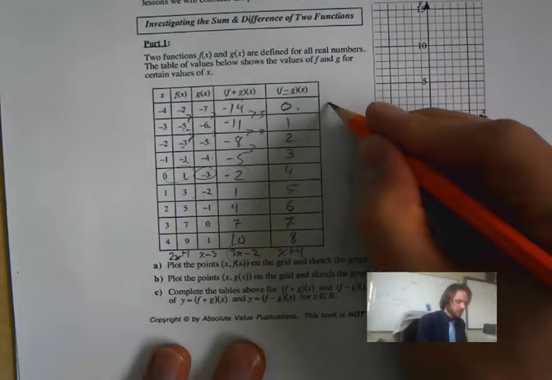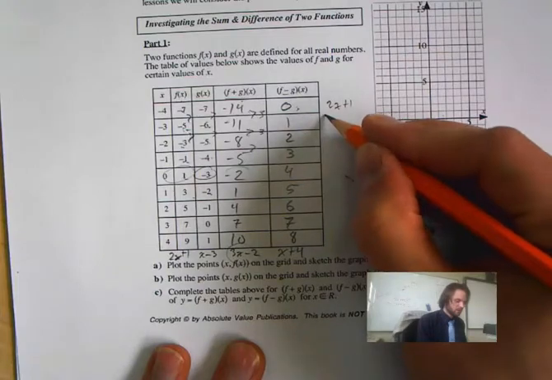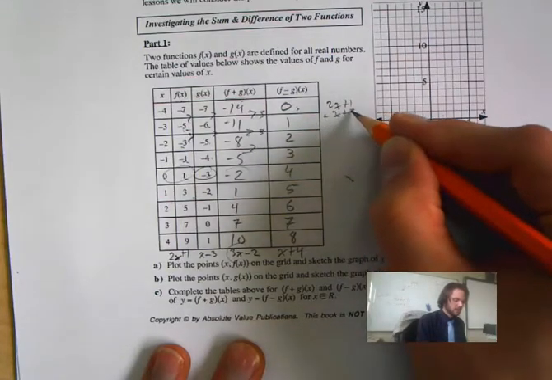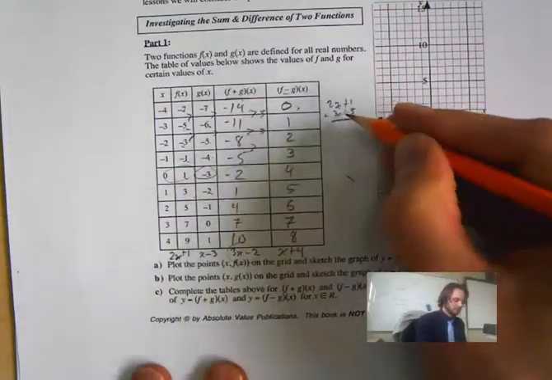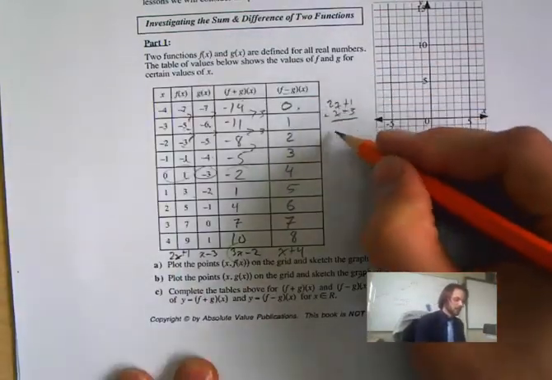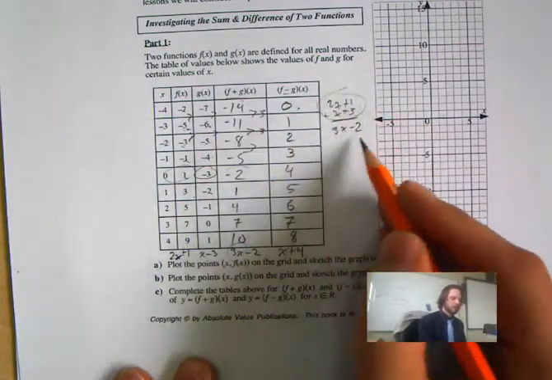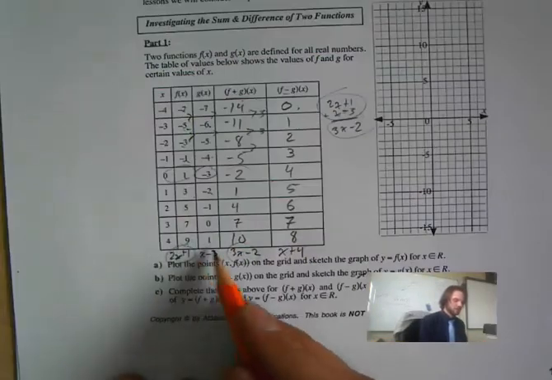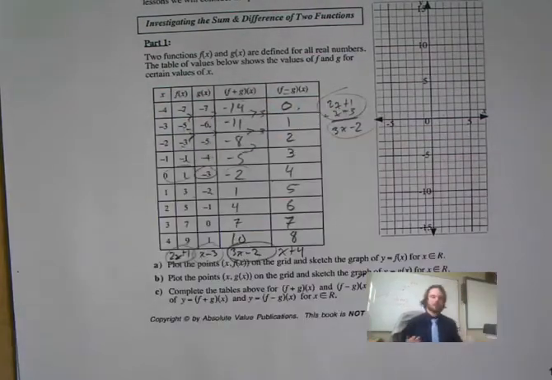We have 2x plus 1, and we're going to add x minus 3. I'm going to end up getting 3x minus 2. So if I combine these and add them together, isn't that the equation we get right there by finding the pattern?